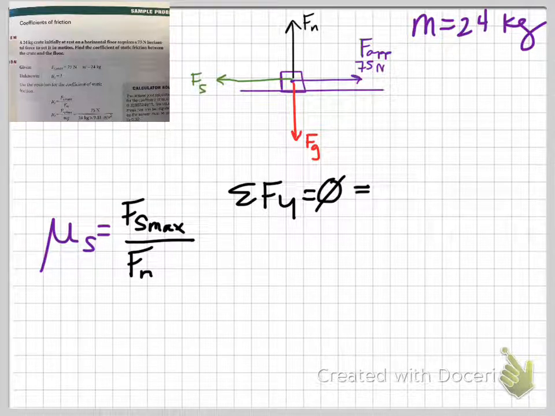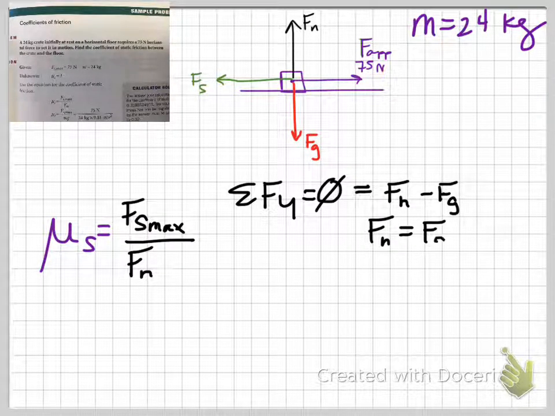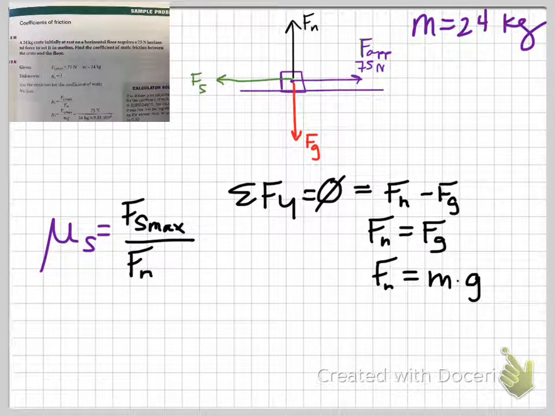Therefore, what's true? That's equal to normal force minus force of gravity, or mg. So Fn equals Fg. Fn is equal to mass times gravity. That's going to be useful.